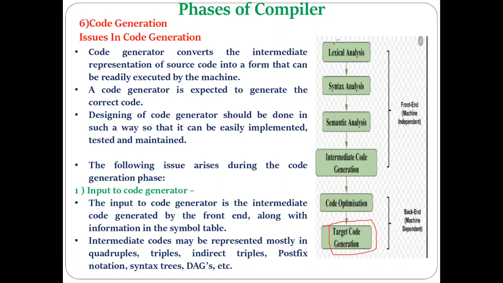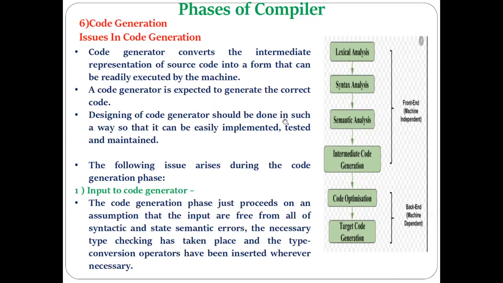There are no semantic errors, no syntactic errors, no lexical errors, etc. So the code generation phase proceeds on the assumption that the input is free from all syntactic and semantic errors, necessary type checking has taken place, and type conversion operators have been inserted wherever necessary. The meaning of this paragraph is that whenever the final phase of the compiler, the target code generator, receives input from its previous phases, it assumes that the code is without any kind of error.